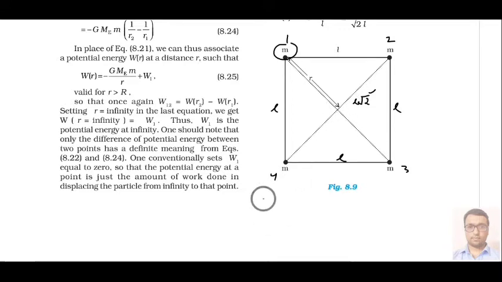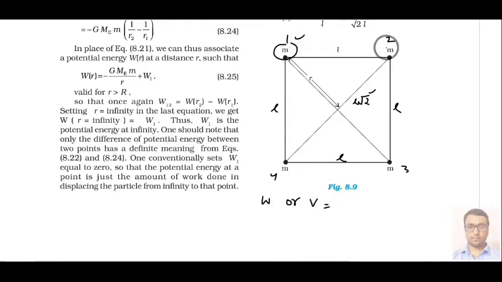First of all, to calculate potential energy, we can denote it by W or V also, because both symbols are okay. W represents work and V represents potential energy.